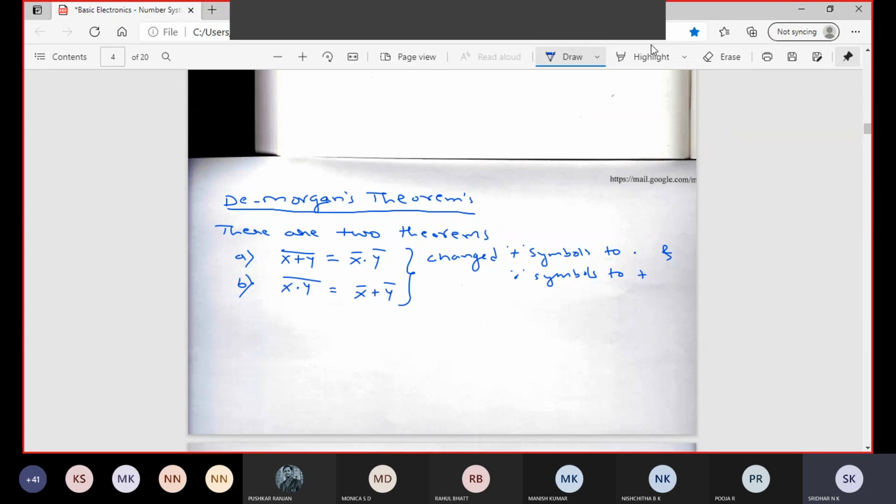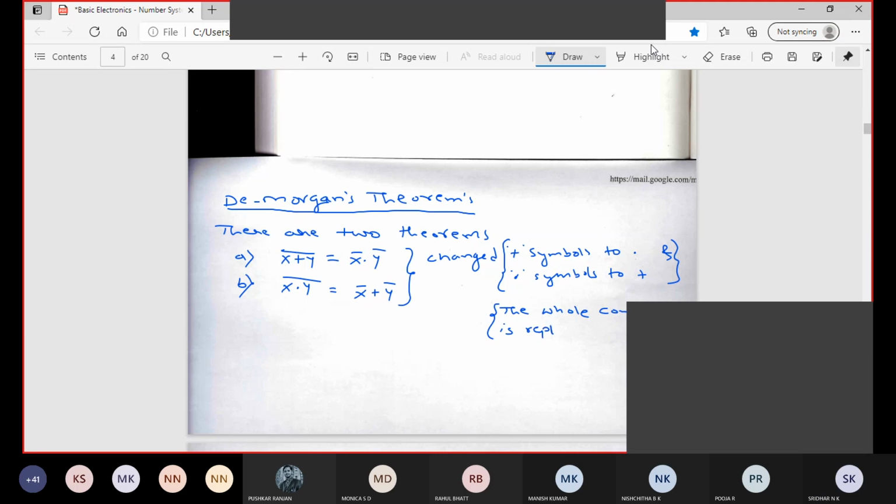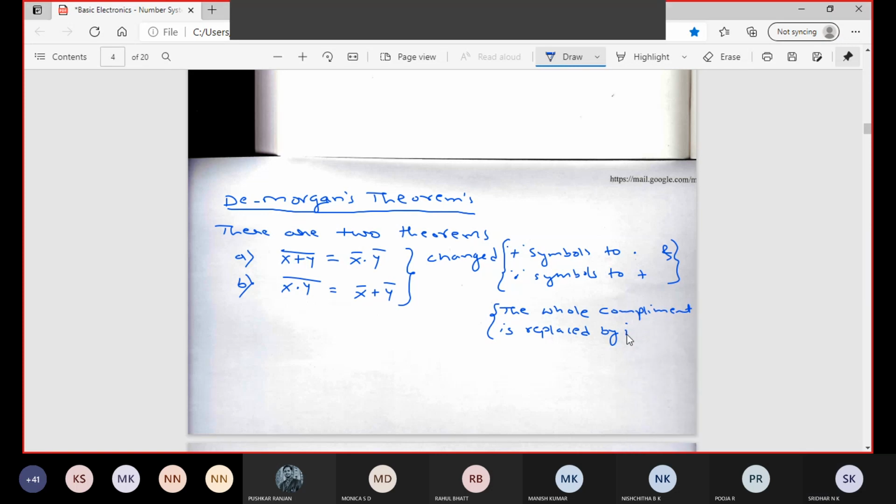This is one change that they have done, and one more change which they have done is the whole complement is replaced by individual complements.